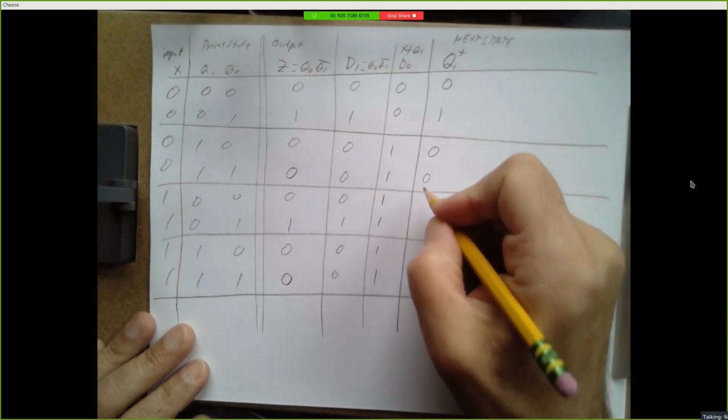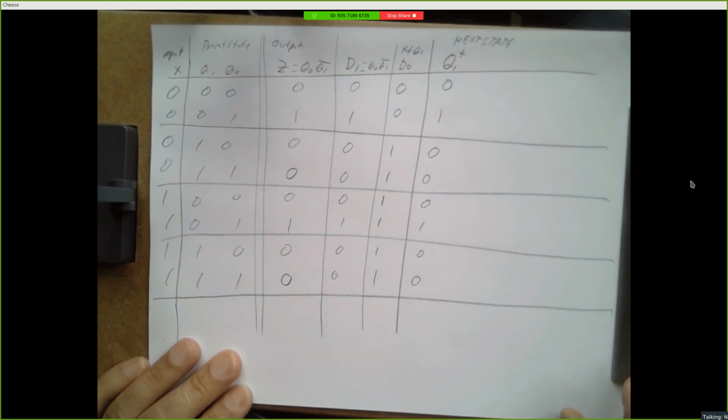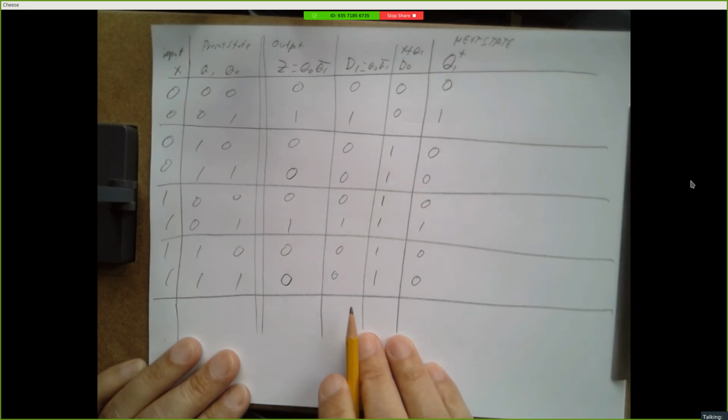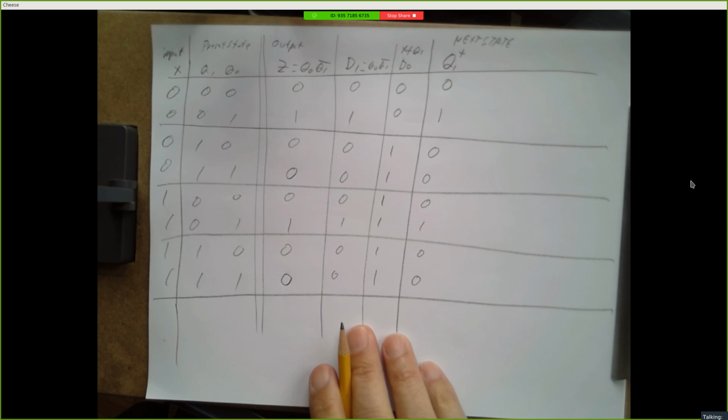So D flip-flops make your life a little easier because the Q output matches the D input. D0 equals X XOR Q1, right. Hopefully that's what I did.